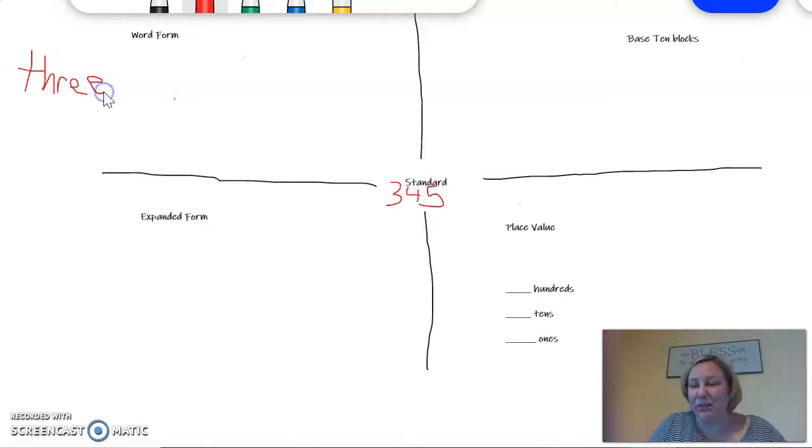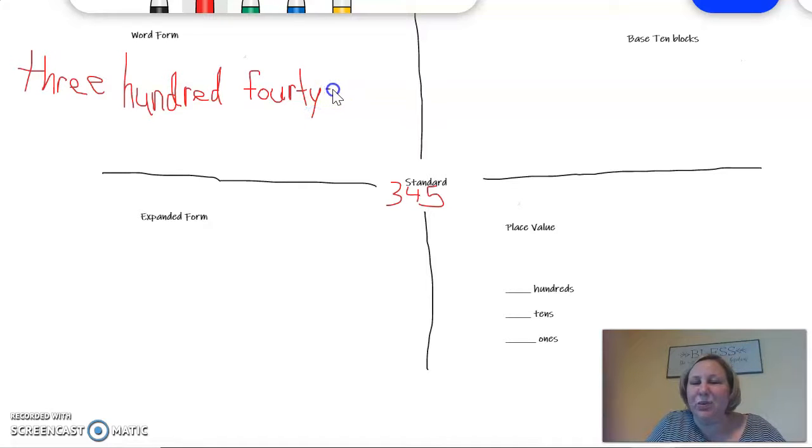I'm trying to do it on the computer, so it's a little bit hard writing with the mouse, but 300, and I spell out the word hundred, 340, and I spell the number 4 with a U, F-O-U-R, 40.